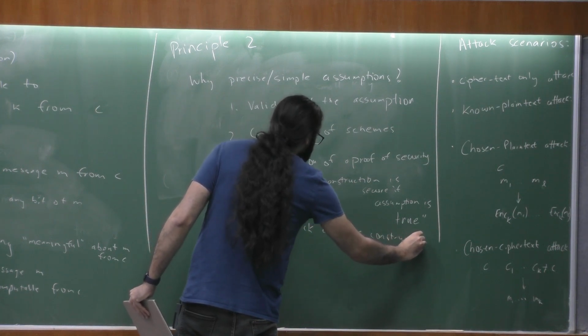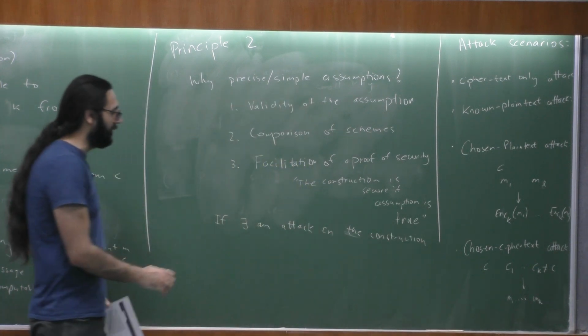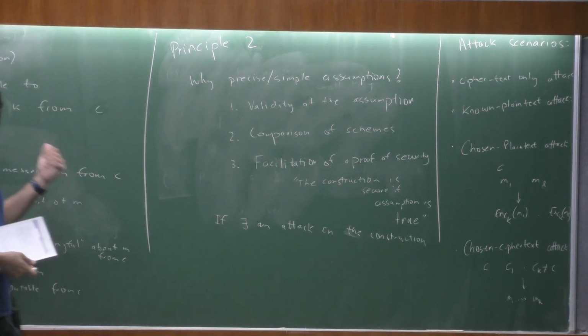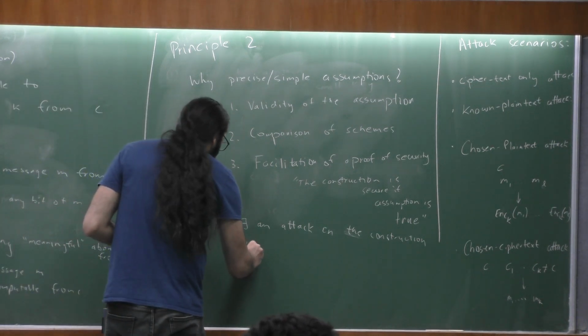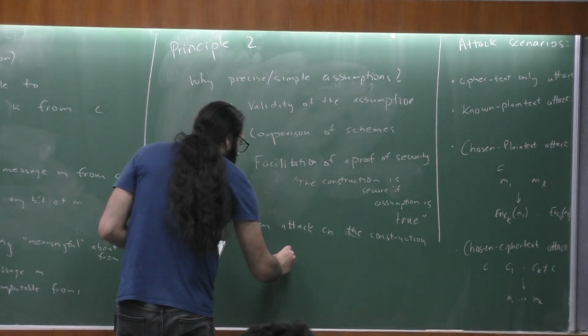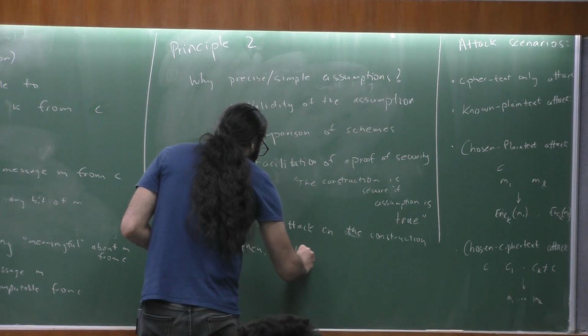What I mean by an attack, we'll formalize it properly later, but for the moment I'm just assuming that whatever definition you set out to satisfy, if you can show that there is an adversary that can, given your construction, violate that definition, then the assumption is false.